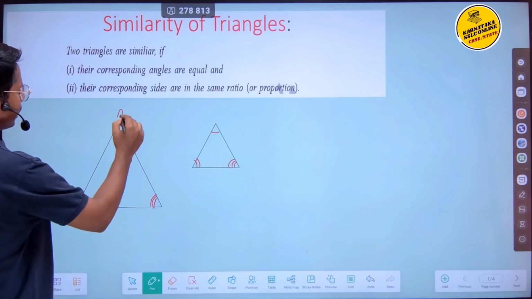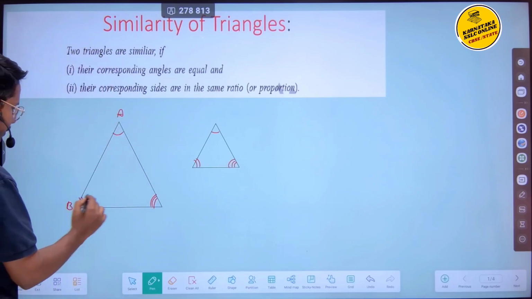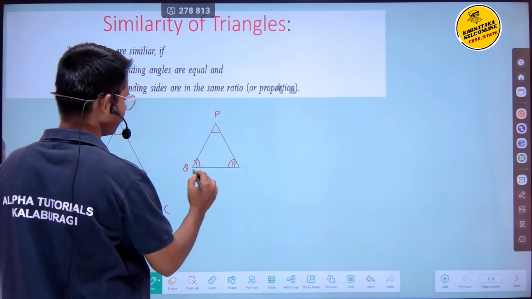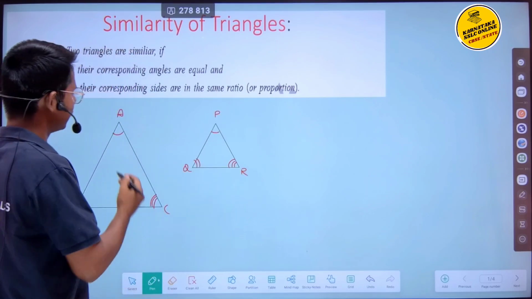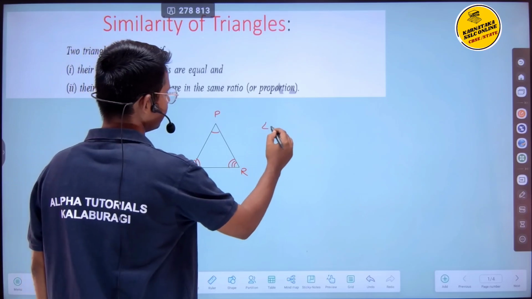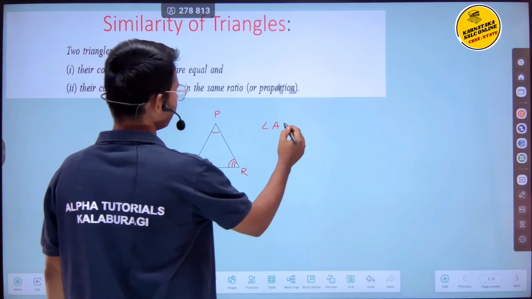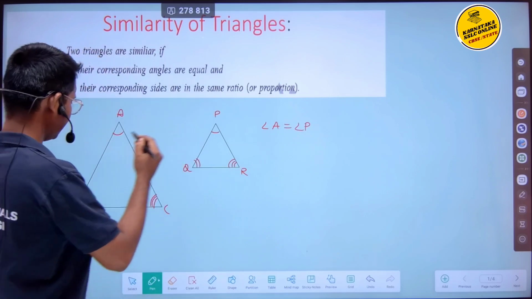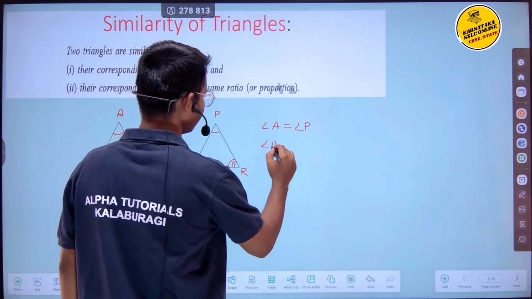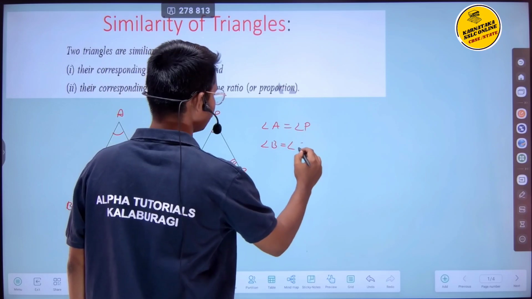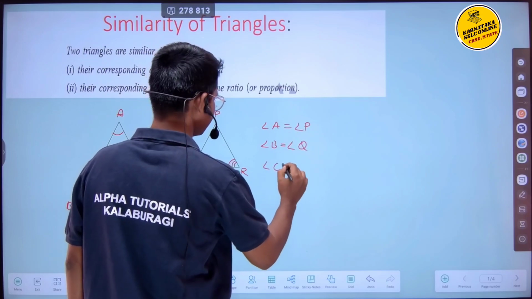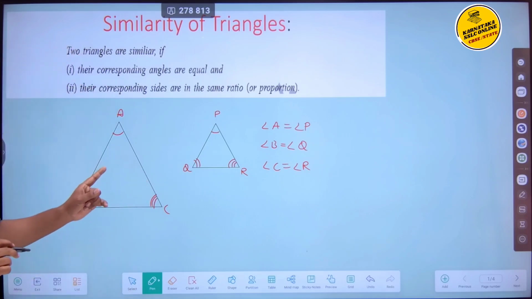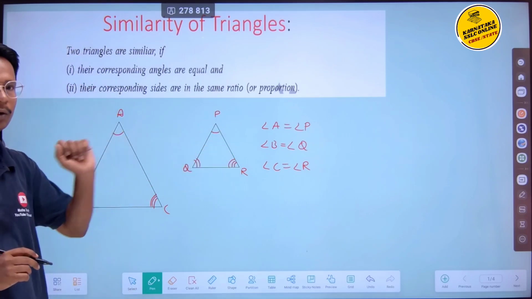Suppose the first triangle is ABC and the second triangle is PQR. Then angle A equals angle P, angle B equals angle Q, and angle C equals angle R. These two triangles have their corresponding angles equal.